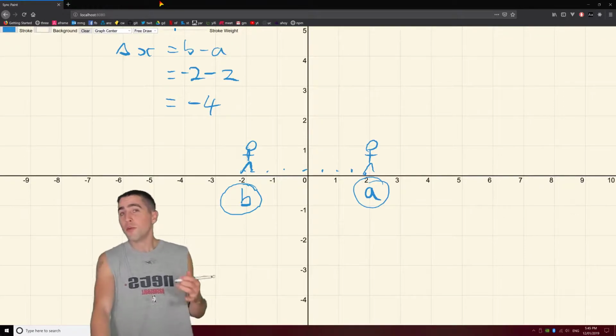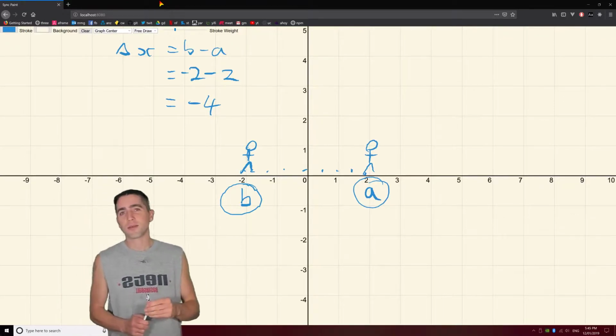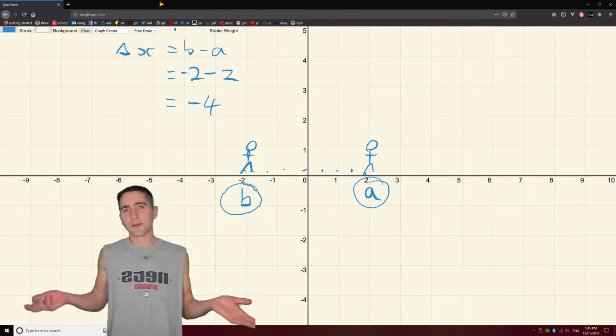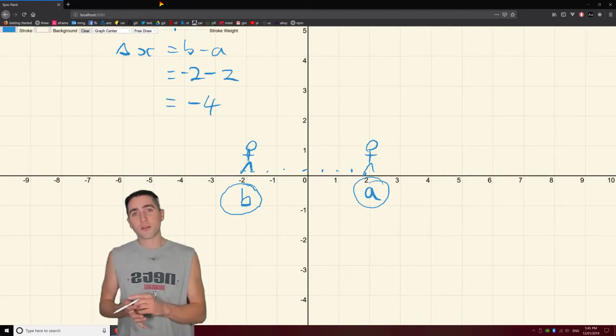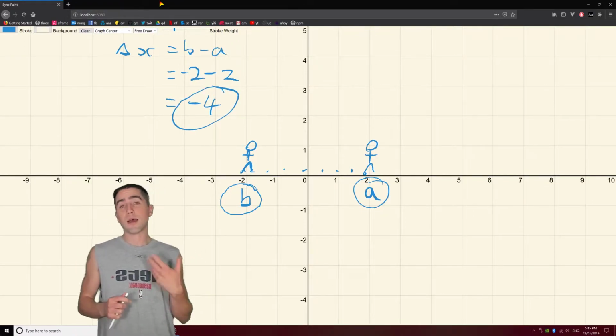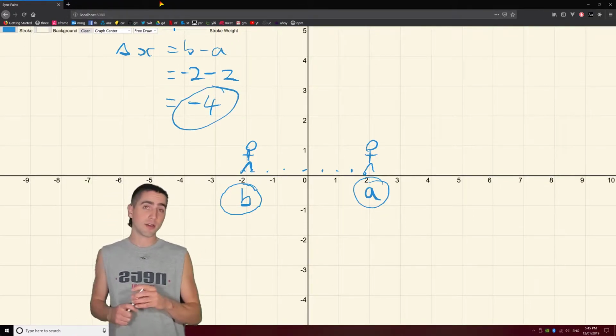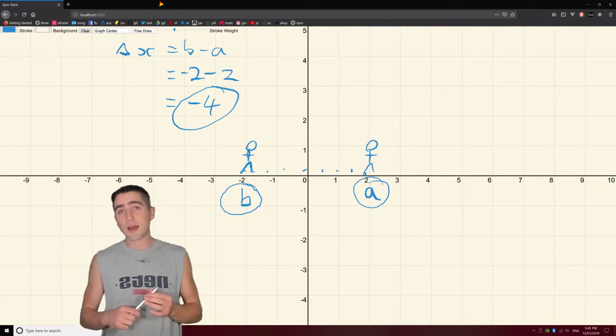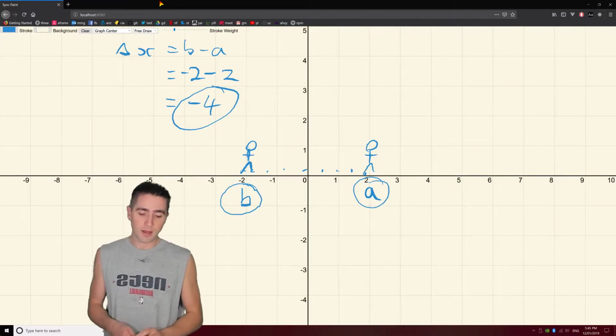Now he hasn't moved -4 meters, because that's not a distance. Distance is always positive. So what we've got to do is get what we could call the absolute value of our delta position. In the case of one dimension, we're simply talking about the absolute value to get distance.